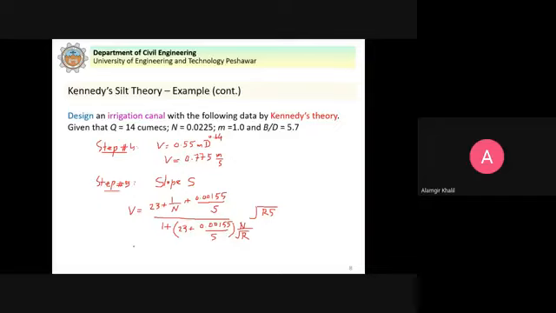So solving by trial and error, we will get S is equal to 1 divided by 4940.